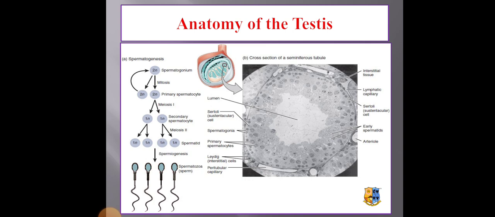The next stage in the process of spermatogenesis. As in mitosis, DNA is replicated in a primary spermatocyte and the cell undergoes cell division to produce two cells with identical chromosomes. Each of these is a secondary spermatocyte. Now, a second round of cell division occurs in both of the secondary spermatocytes, separating the chromosome pairs.